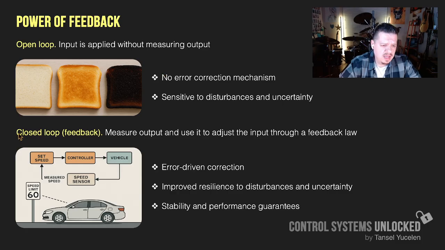On the other hand, closed loop is based on feedback. If you remember a similar figure from the previous lecture, let's say in this case you have a vehicle, you have a speed sensor, and you set your set speed to 60 miles per hour.